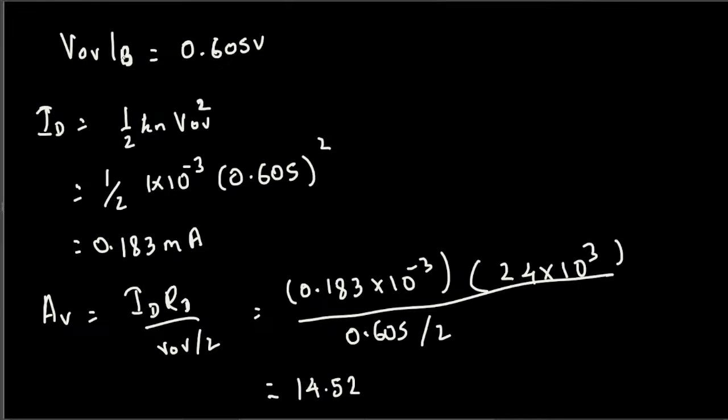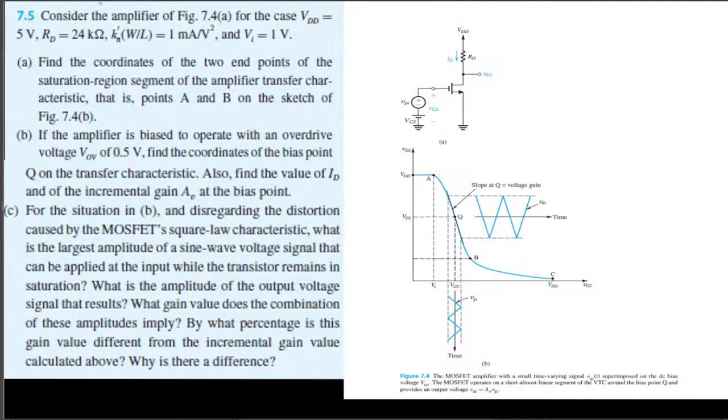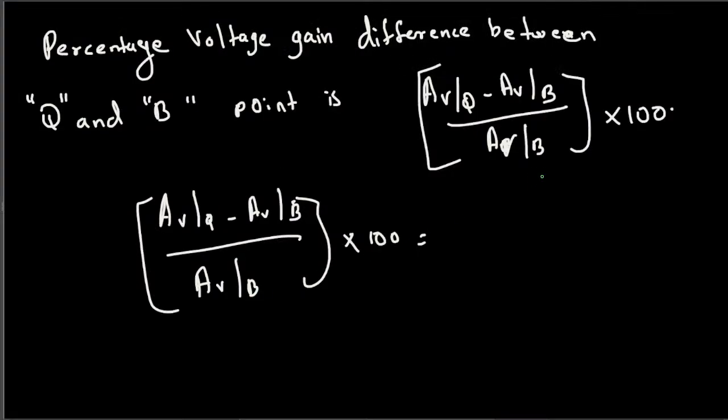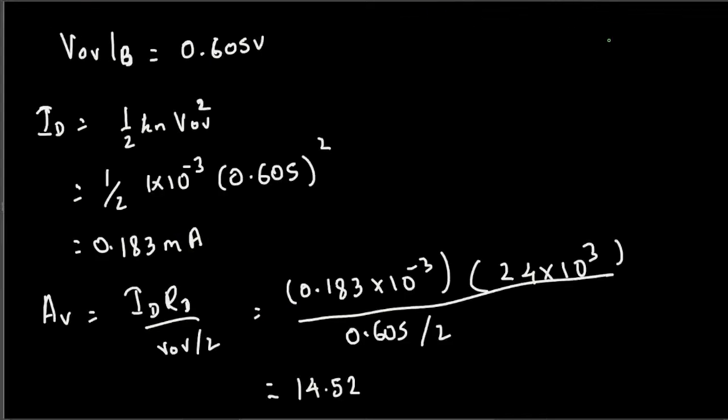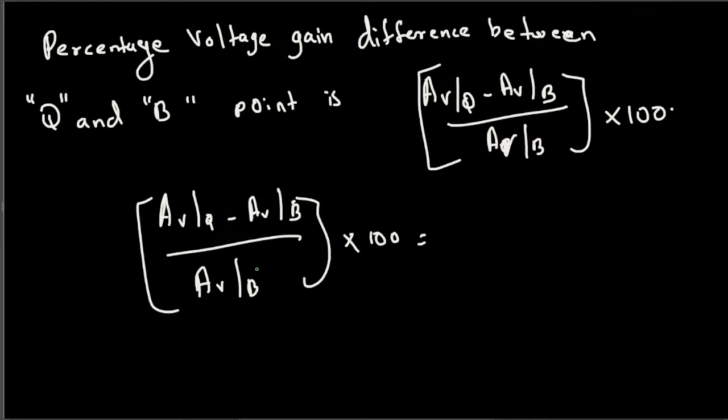This 14.52 belongs to B. So this equation should be rearranged because the biggest value should be first, then only I can take the percentage.